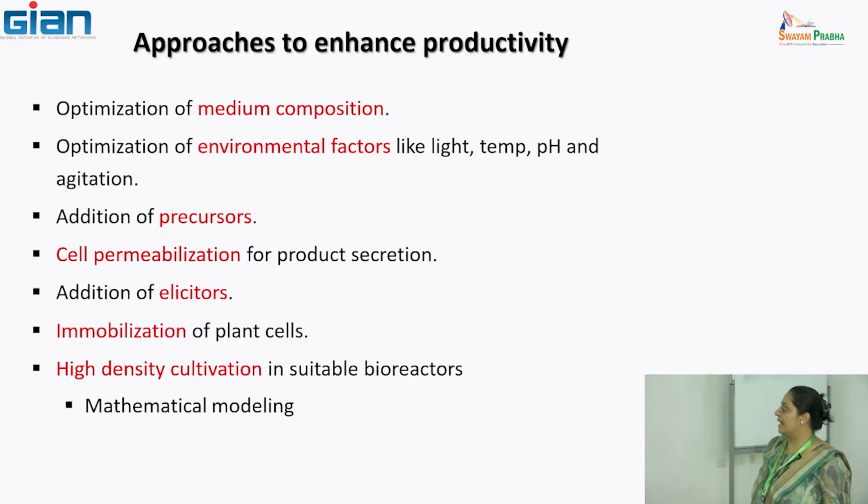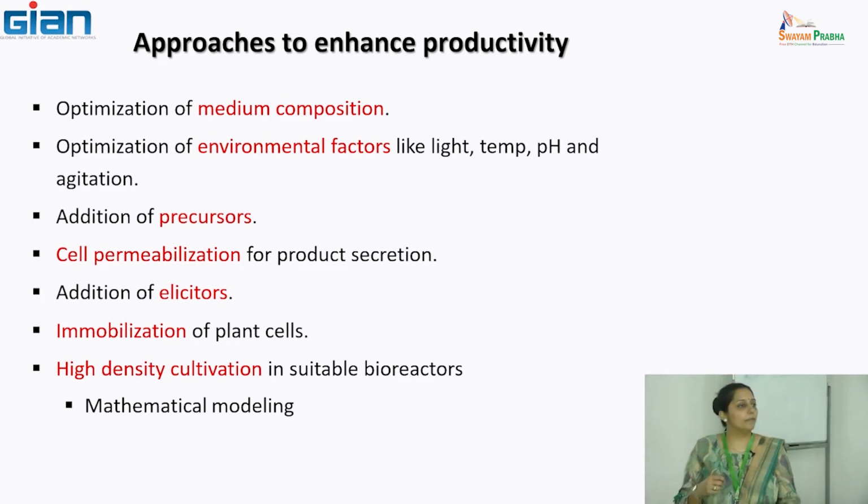Similarly, we add elicitors. All this is done to enhance productivities. Specifically talking about elicitors, they are mostly stress inducers. Anything which induces stress and thereby induces secondary metabolism might be a compromise for the biomass.